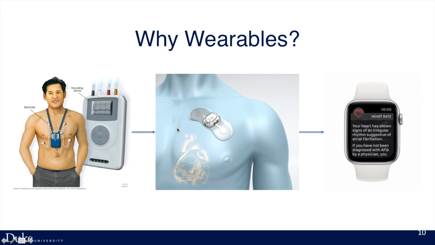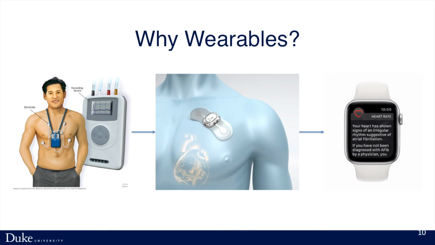And there are newer devices, for example, the Zio Patch shown here, that enable monitoring of ECG for longer, for up to 14 days. But again, this is not as convenient as a device that sits on your wrist that can be removed easily for showering, and that is able to continuously monitor without you noticing that it's there.